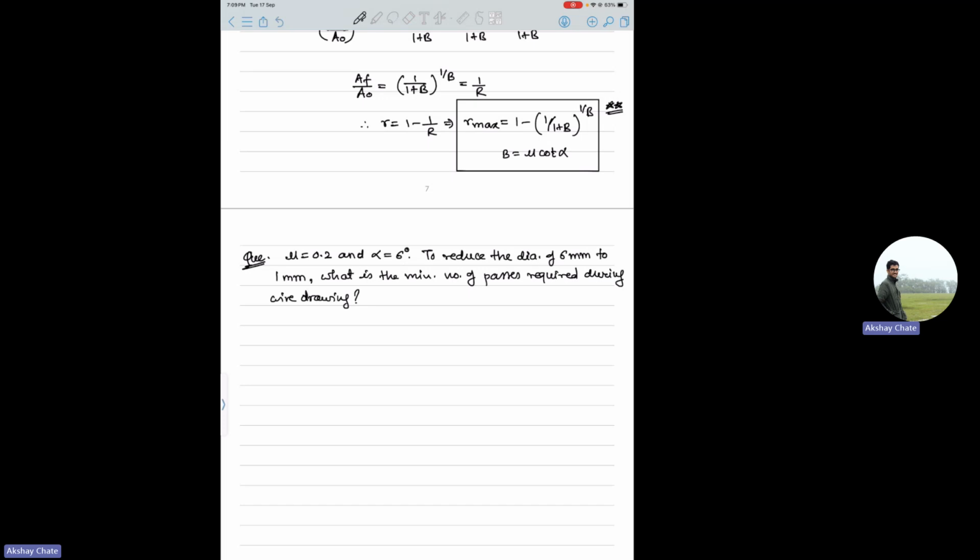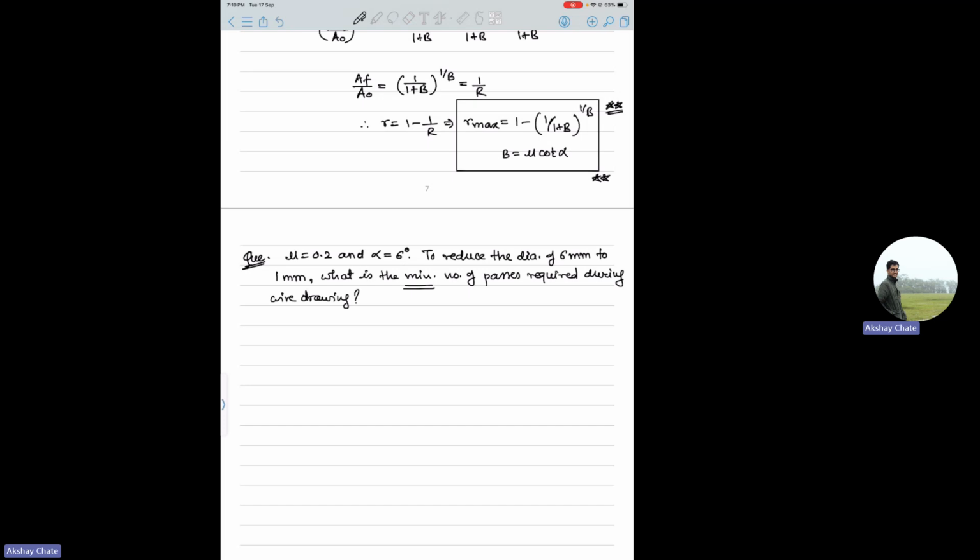So this question is different, I just modified it. Here you have to understand first of all, minimum. So we need to have maximum area reduction per pass, and you have to use this formula.